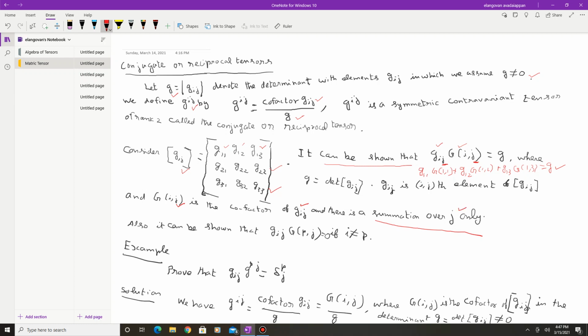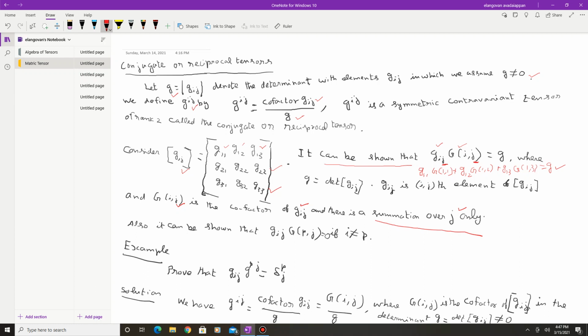Although whenever two indices are repeated there is a summation, here I am explicitly mentioning that the summation is only over j, and i is a free index. We are not applying the Einstein summation convention for the index i.